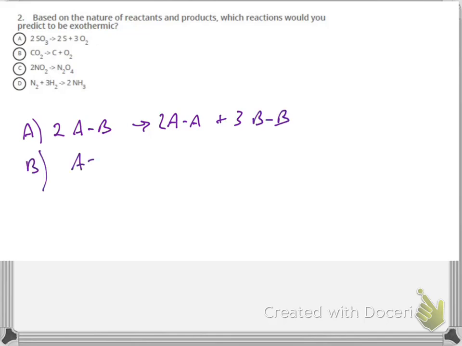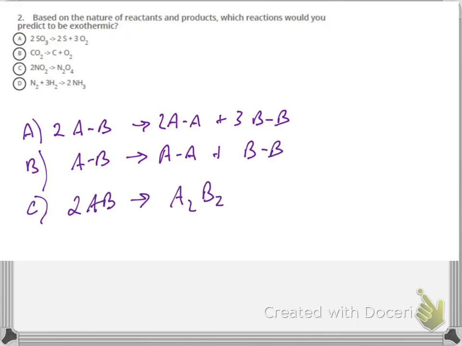For A, we could write this as 2AB making 2AA plus 3BB. Do the same thing for B: AB goes to AA plus BB. C is 2AB going to A2B2. And D is AA plus 3 BBs going to 2 AB3s.